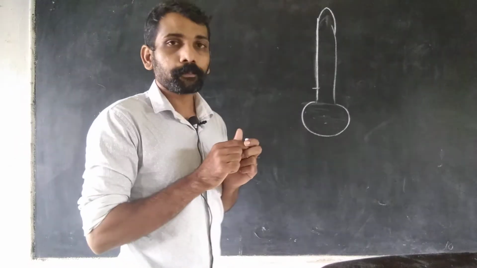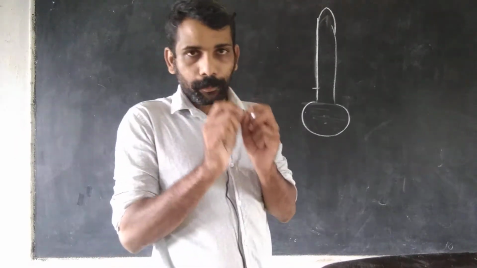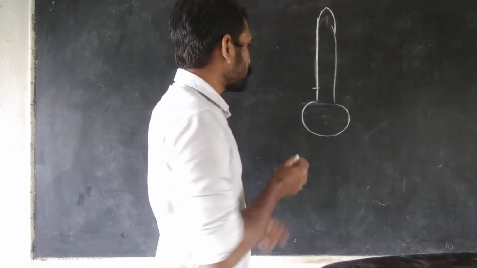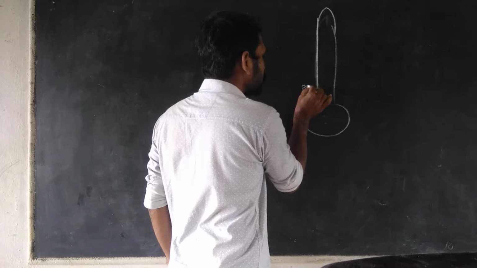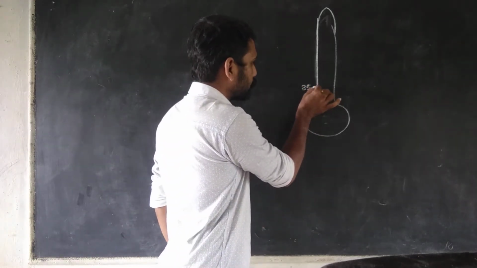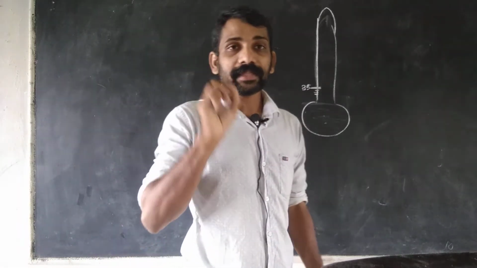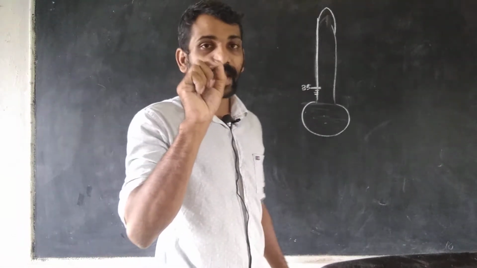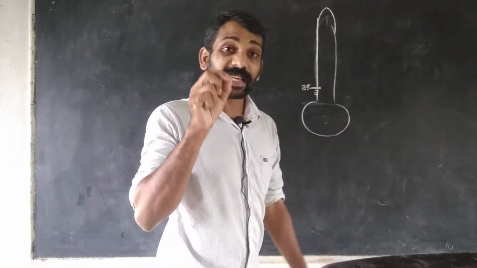In the clinical thermometer, the numbers start from 35 degrees Celsius. Degree means value or range.